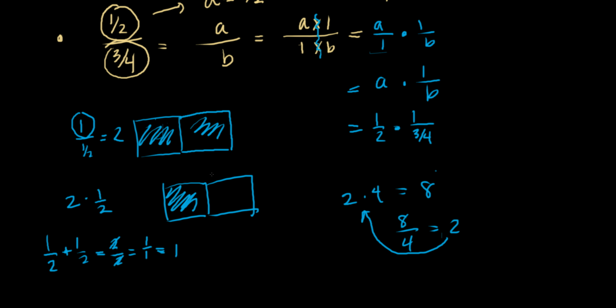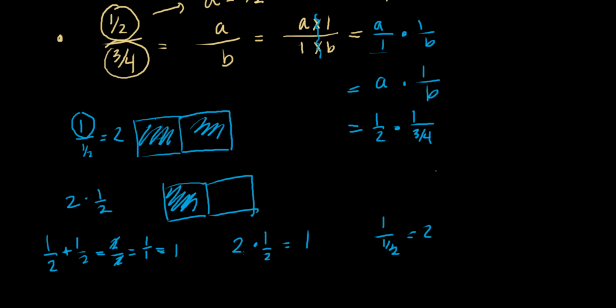Nothing is different from what we're doing right here. I'm saying if I have 2 being multiplied by 1/2, it gives me 1. If I take the 1 and I divide it by 1/2, it gives me the 2, right?